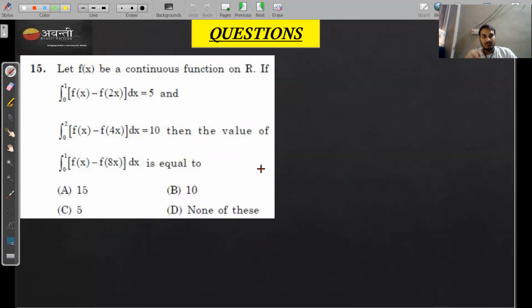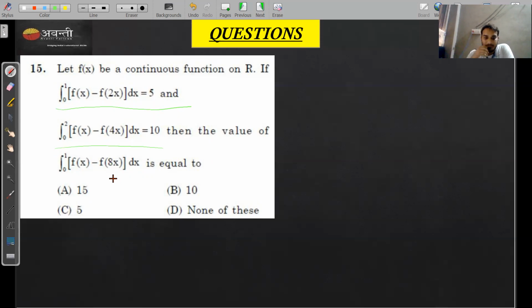Now let's solve this question. The question is f of x is given and some values are given: integration 0 to 1 f of x minus f of 2x dx is 5, and integration 0 to 2 f of x minus f of 4x dx equals 10. The value I have to find is integration 0 to 1 f of x minus f of 8x. So how will you do this?